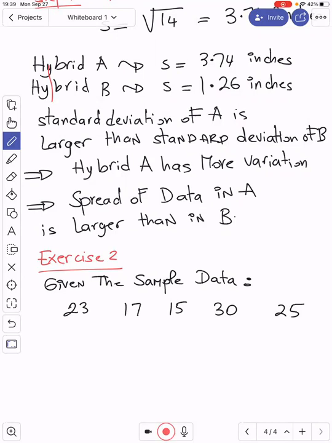Please try to compute the standard deviation S of the sample data.